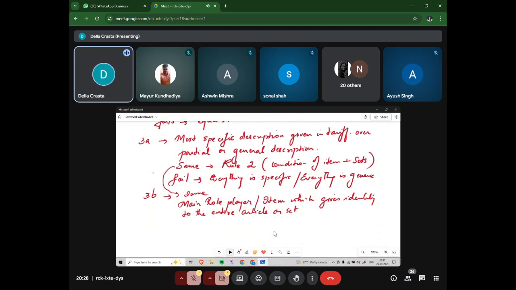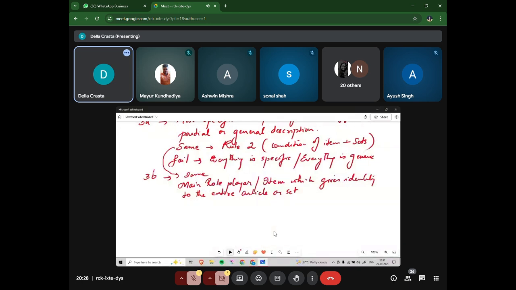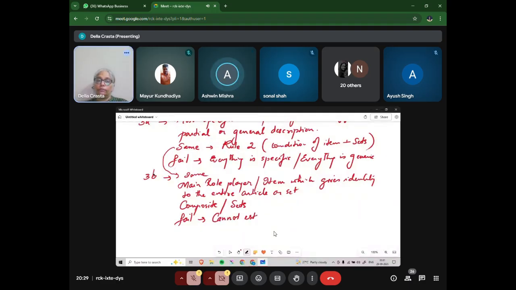So use the classification of that. We saw certain examples of composite goods and sets here, right? When does rule 3b fail? When we cannot identify the essential character, establish the main role player.